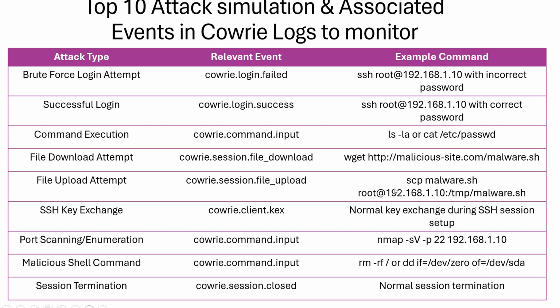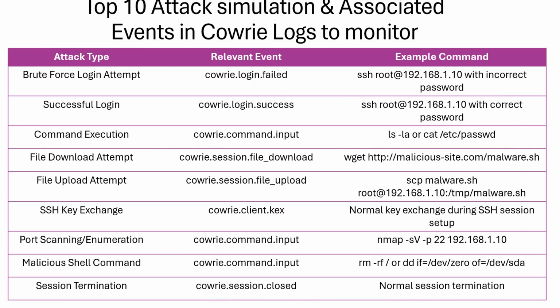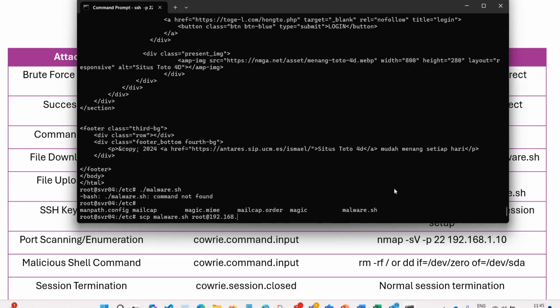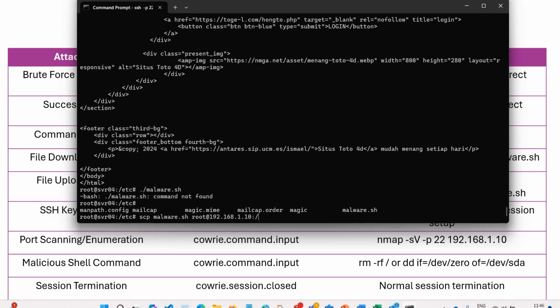So now I have downloaded a malicious file. If I try to upload now, I'll try to upload it with SCP. I'm using my SCP command to perform root access at one machine, which is 192.168.1.10:/tmp/malware.sh.